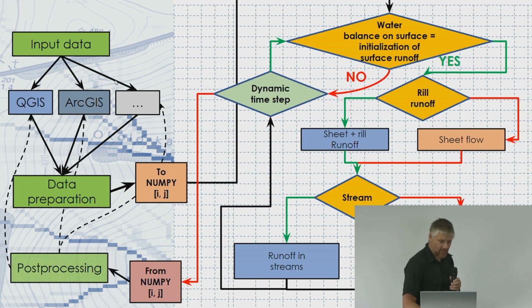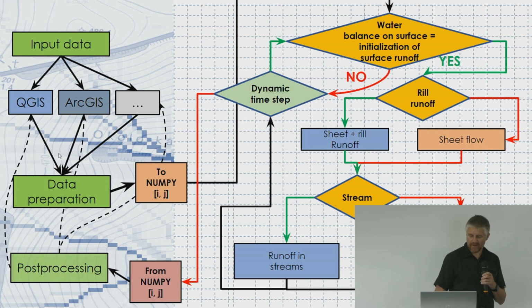After this, Ondra continues. But basically, we have some input data, and the idea is to put this model into different GIS software, and from this GIS software produce the preparation data.